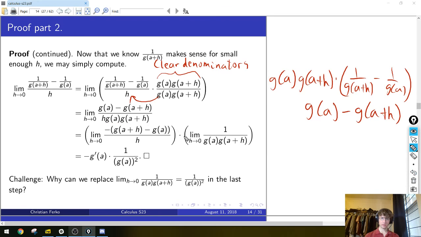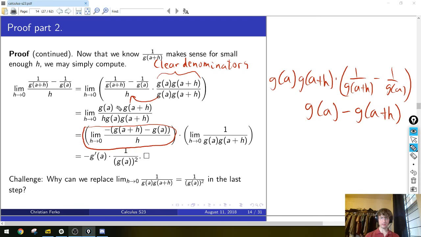Now I have to justify this step, because here I'm splitting the limit into two pieces. We are only allowed to split the limit of a product into the product of both limits if both limits exist. I'll tell you why the first limit exists. This limit exists because we have assumed that g is differentiable at a.